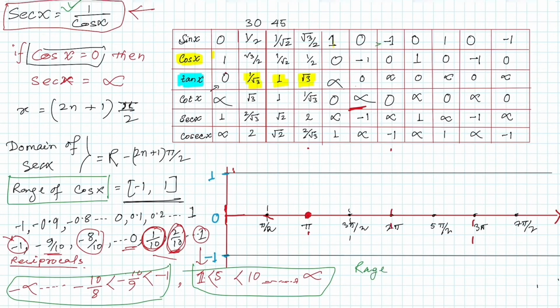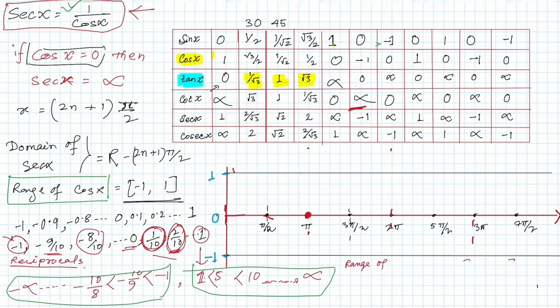Okay, so we can say the range of sec x is given by -1, here it is closed, up to -infinity, open interval, union +1 to +infinity, here on this side it is open interval. So hope you have understood. Let me write here clearly.